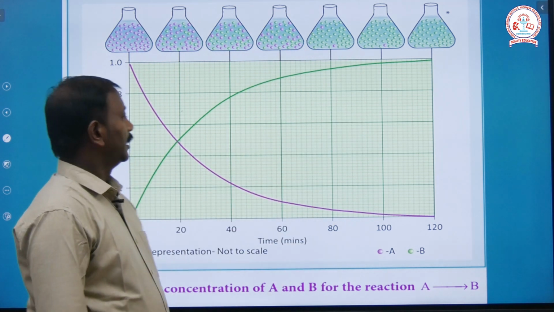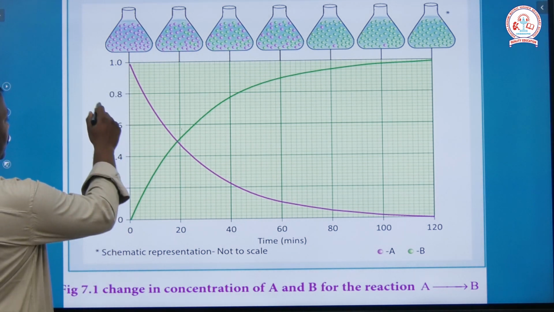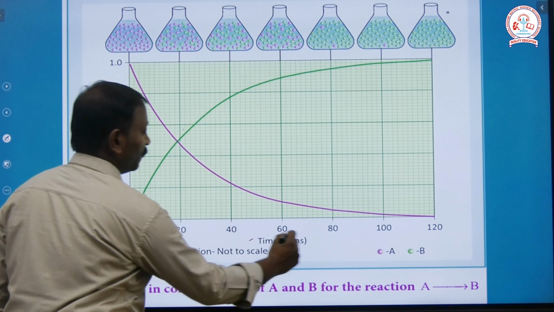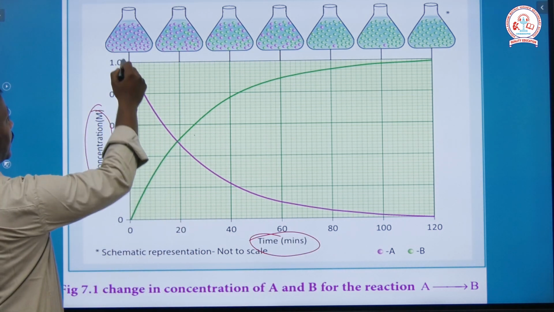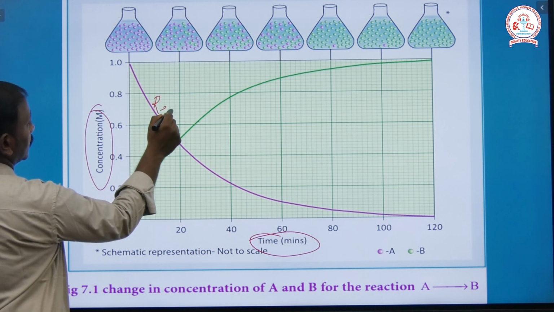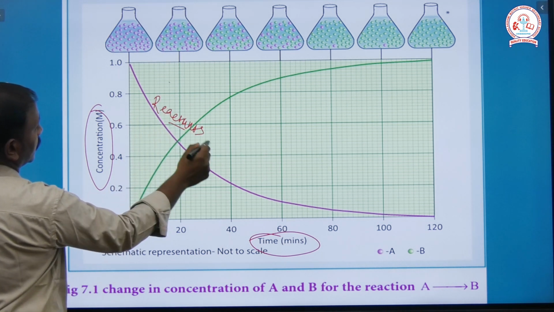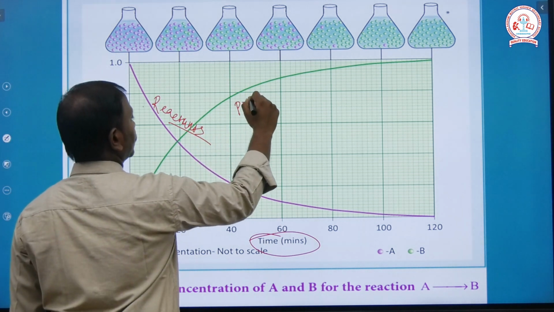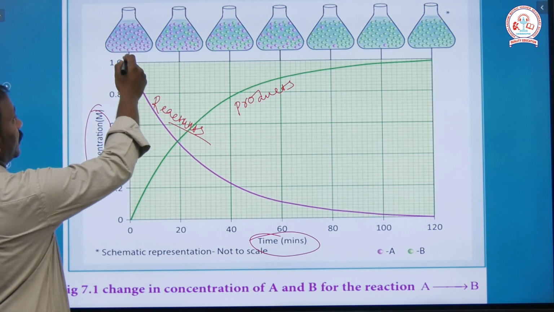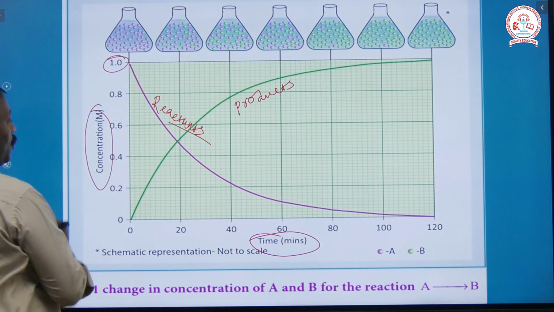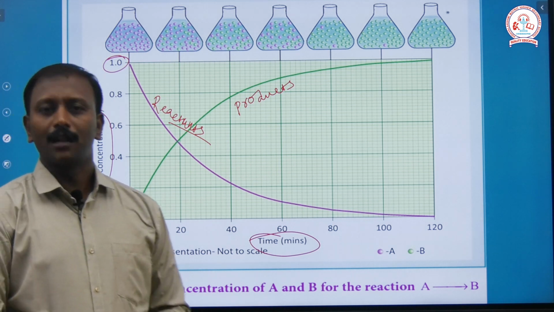We are taking the graph between concentration and time. This is for reactants, and this is for products. Initially it is 1 concentration, 1 molarity, molality or normality.